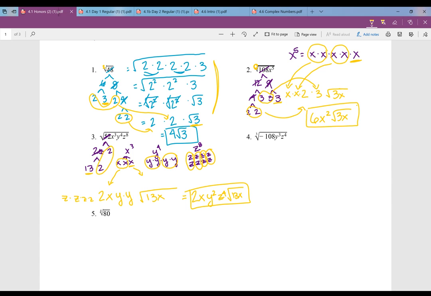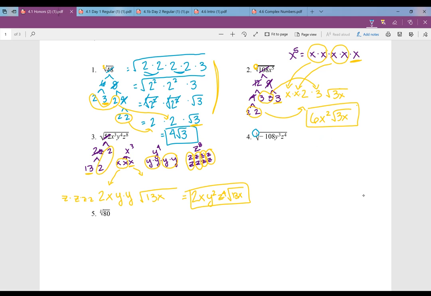All right, let's look at our example number 4. So the first thing we should notice about this one is we have a cubed root. So what would be different about a cubed root? Well, that would mean we're looking for groups of 3 now, because if we had something cubed under a cubed root, that's what's going to cancel out. So now we're looking for groups of 3 instead of groups of 2.